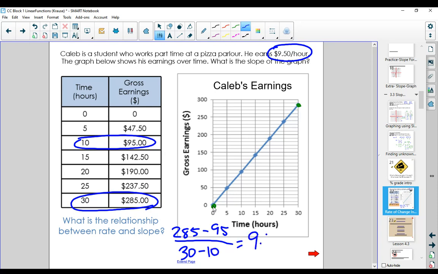And if I calculated that all out, I'd get 9.5. So $9.50 an hour and 9.5 is my slope. They're the same thing. The only difference between slope and rate of change is typically with slope we don't have units. When we're expressing it as a rate of change, we're going to have dollars per hour or meters per second or whatever our units are for our graph. So we would express this as $9.50 per hour.